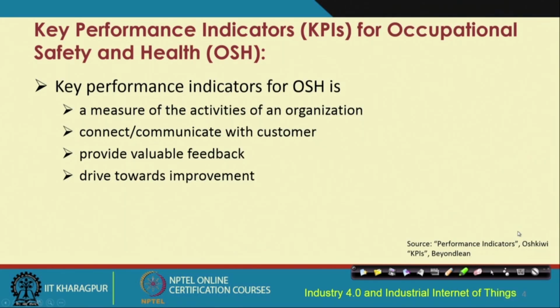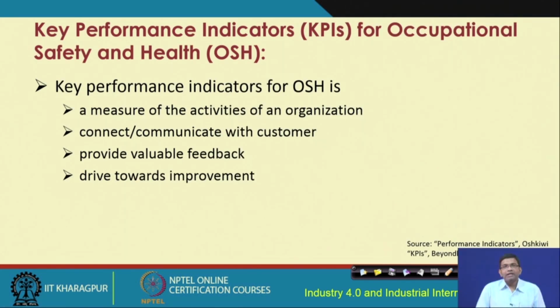So, these are some of the KPIs for occupational safety and health. These KPIs are a measure of the activities of an organization. They also help measure the connectivity and communication with customers, providing valuable feedback to the customers, and driving towards further improvement.